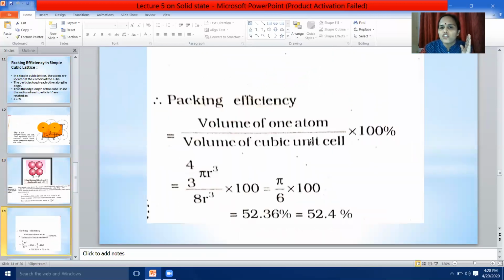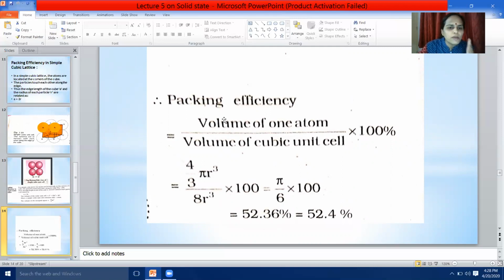And packing efficiency therefore is equal to volume of one atom divided by volume of the cubic unit cell into 100%. Volume of one atom is 4 by 3 pi r cube, that is the volume of the sphere, divided by the volume of the cubic unit cell, that is 8r cube, into 100.